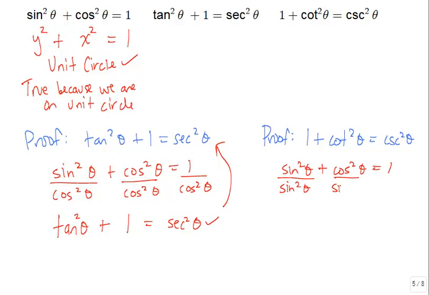And again, I'm doing it to both sides, so it's still equivalent to what I'm starting with. Sine squared over sine squared becomes a 1. Cosine squared over sine squared is like a cosine over a sine, and that's the definition of cotangent, and we're squaring it. And then 1 over sine squared is like a 1 over sine, which is a cosecant, and we're squaring that as well. So again, we've proven that third Pythagorean identity.